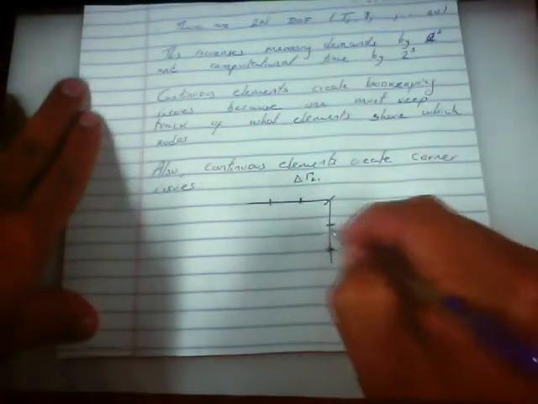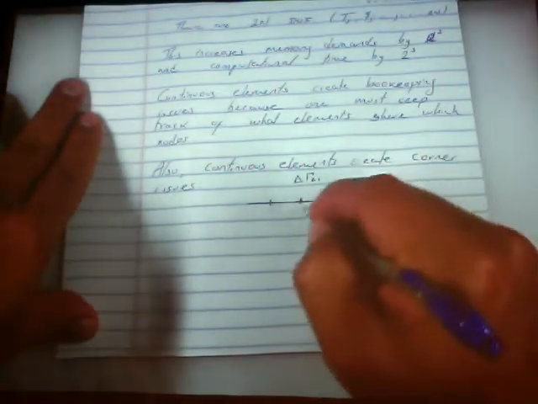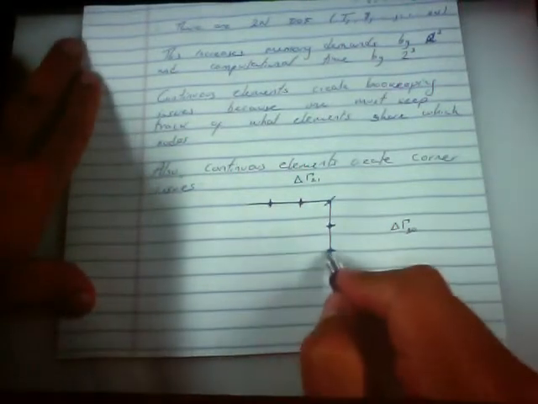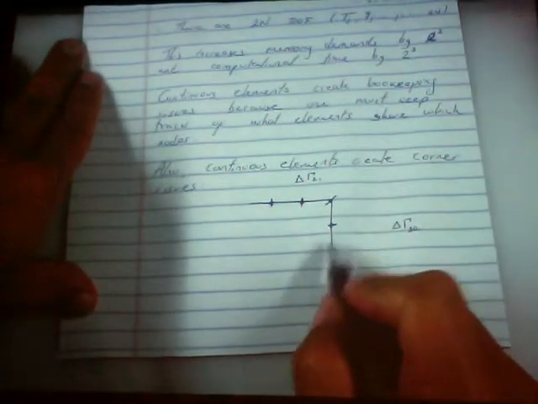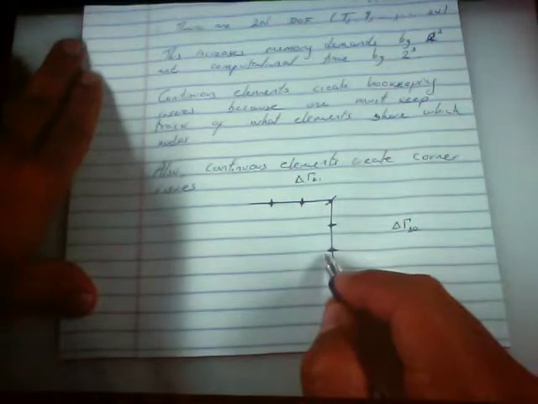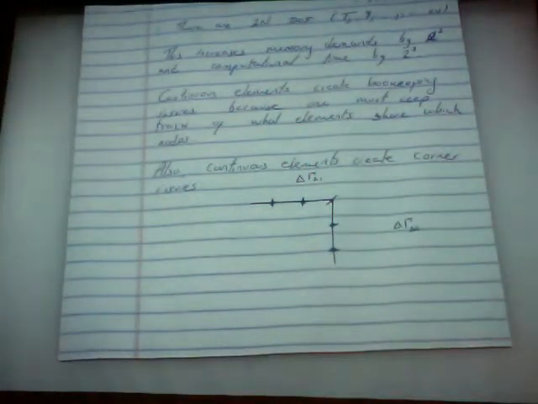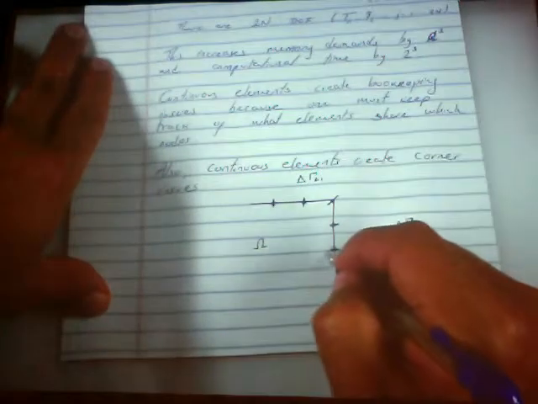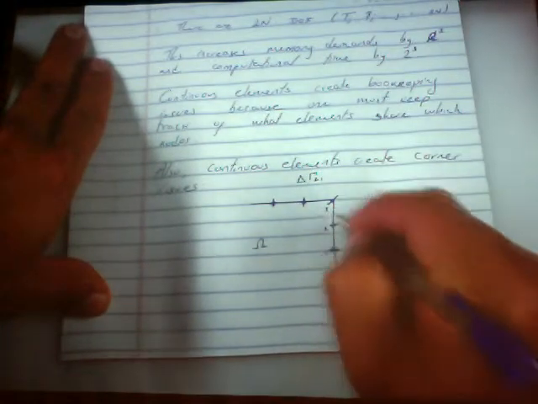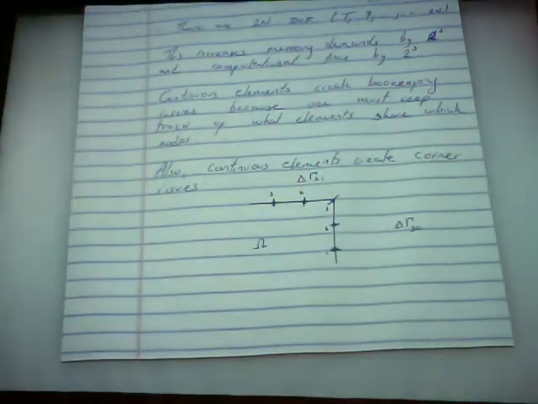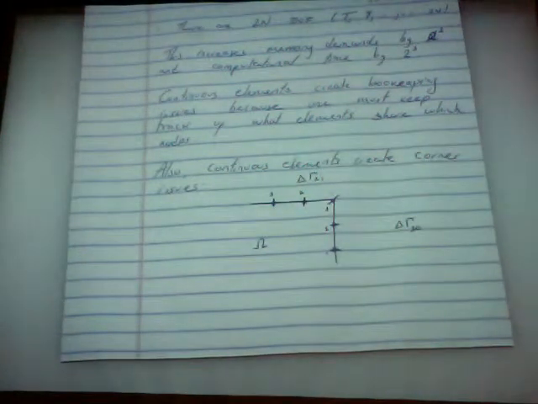So this is this element, and this will be 1, 2, and 3 of that element, and this will be 1, 2, and 3 of element 21. Let's assume that this is the domain, so it's pointing this way. So if we go counterclockwise, these will be nodes 1, 2, and 3, and these will be nodes 1, 2, and 3.